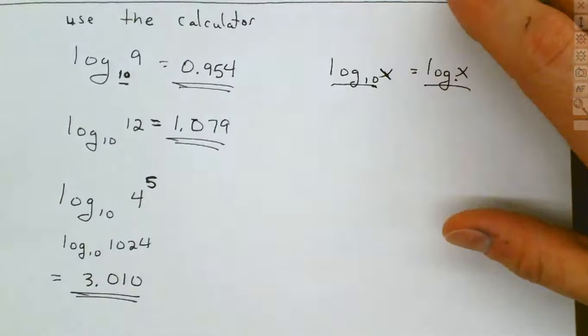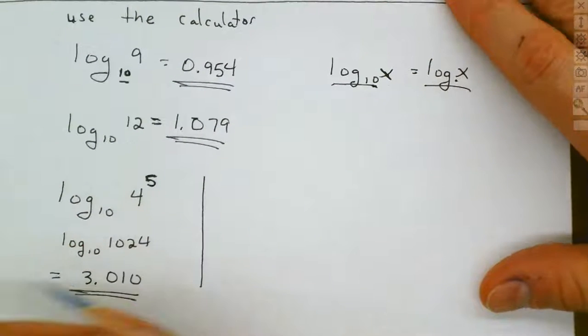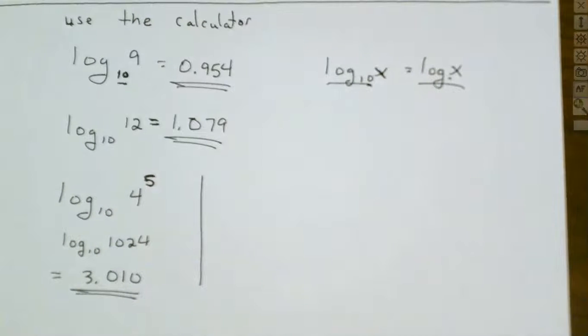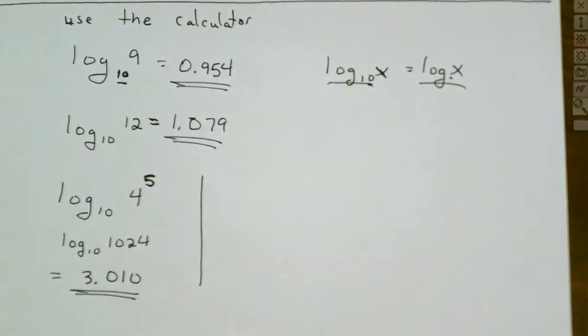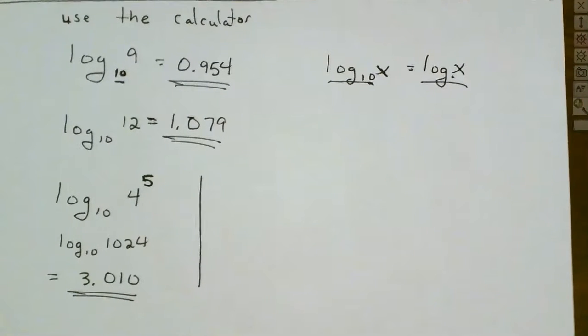Now, what's another way? Well, we also have some special rules that we can use for logarithms, and sometimes these rules are very helpful. The only one we use a lot is your power rule.